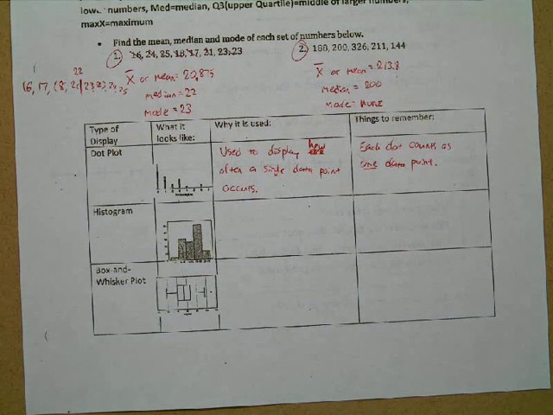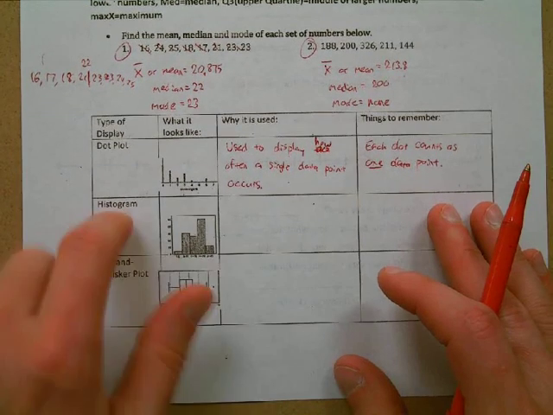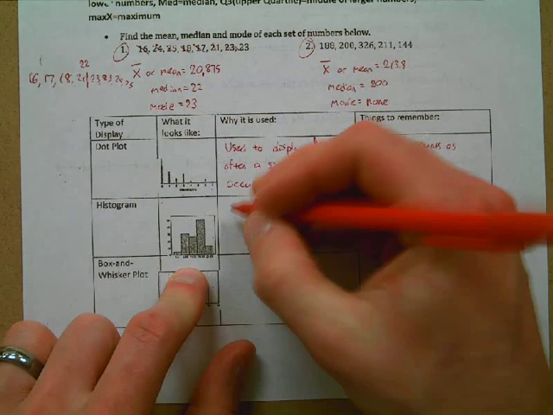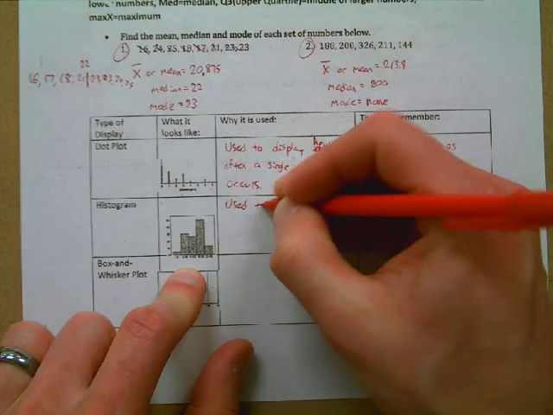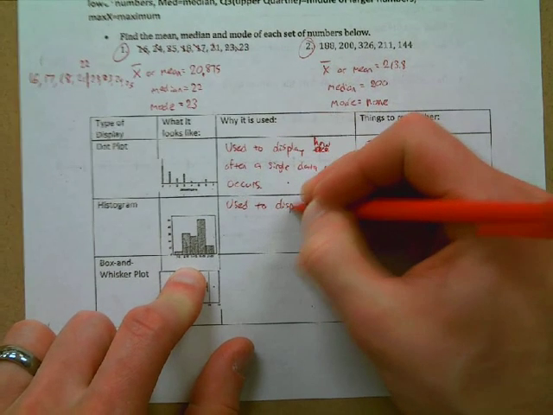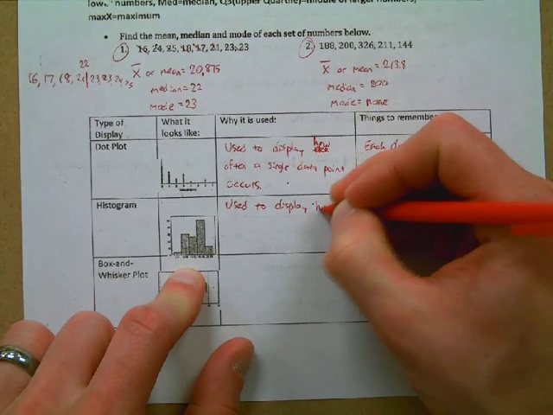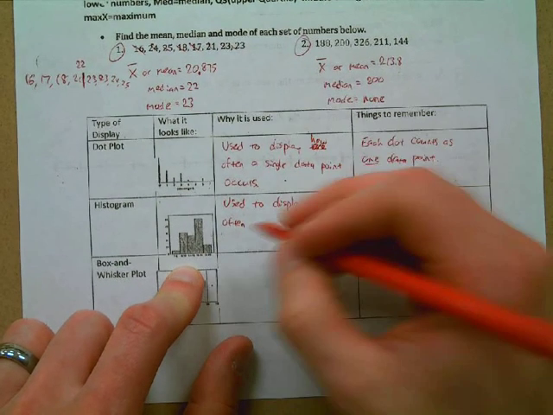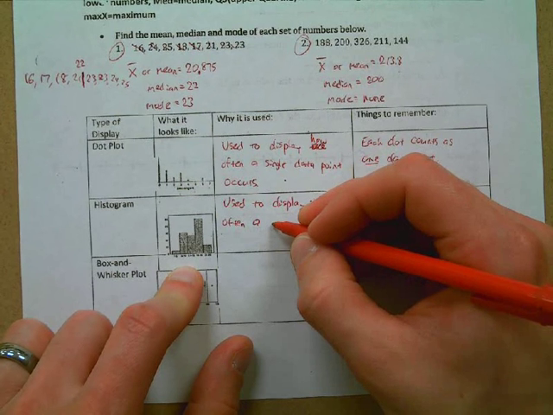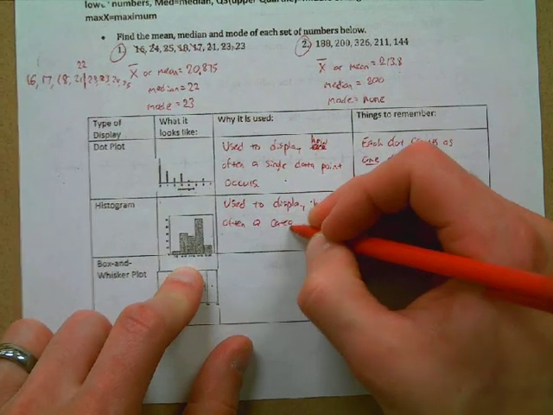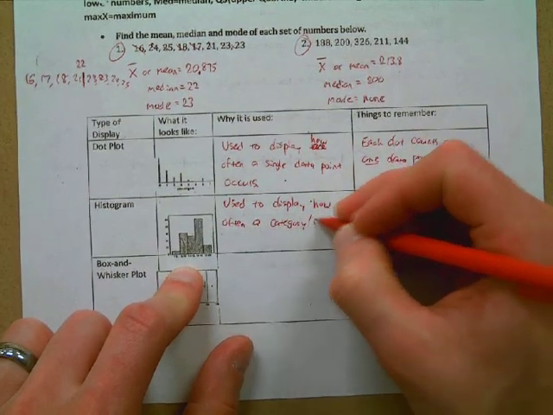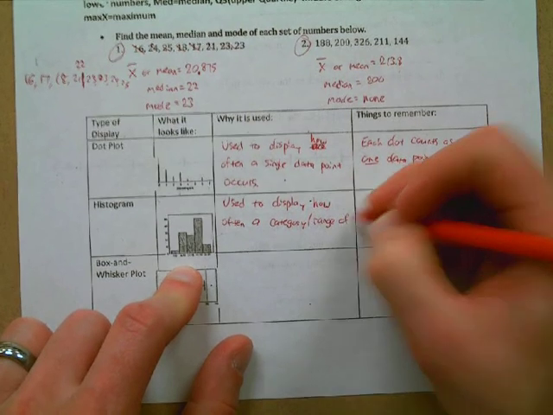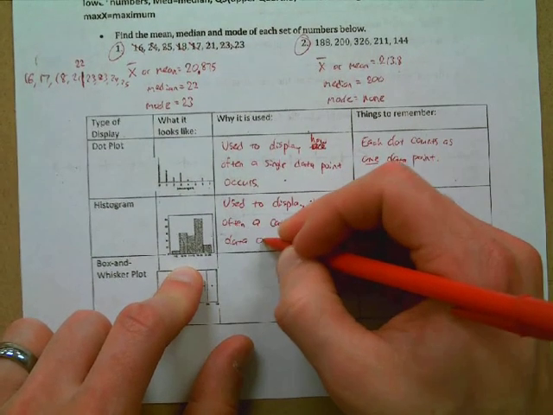They are different things. Anyway, histogram, okay, it's also used to display how often a category or range of data occurs.